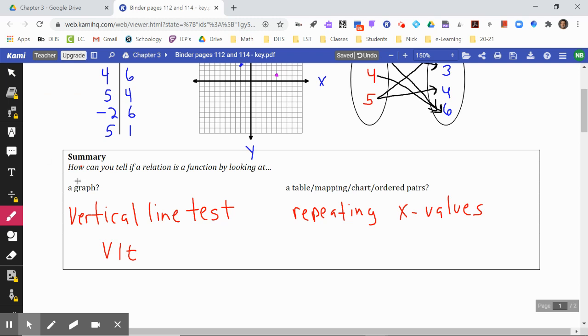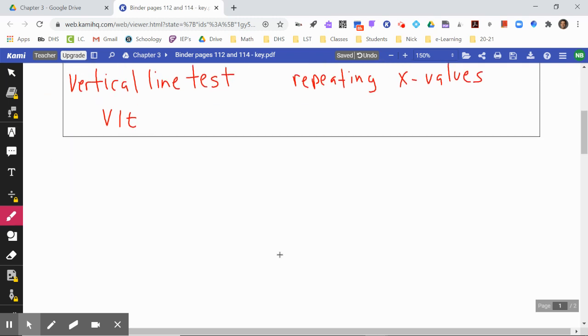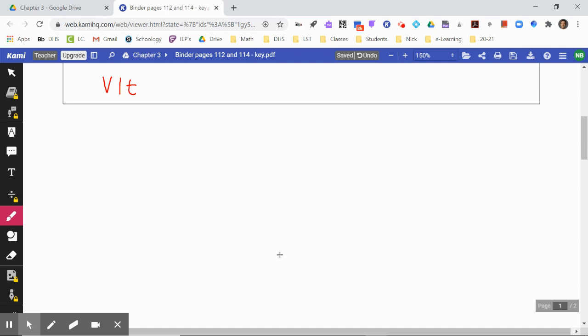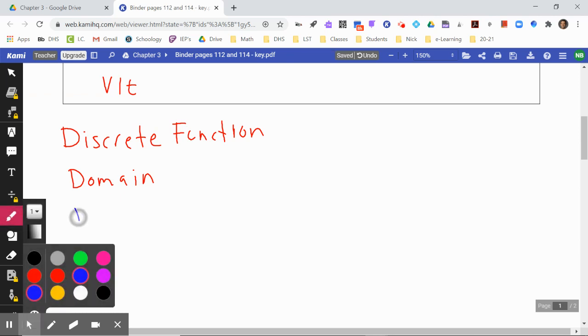We're going to use our space down here below to write a couple more notes about discrete and continuous functions. So we're talking about discrete functions, functions or graphs that are just made up of dots or points, kind of like that above example. Let's talk about our domain and our range.